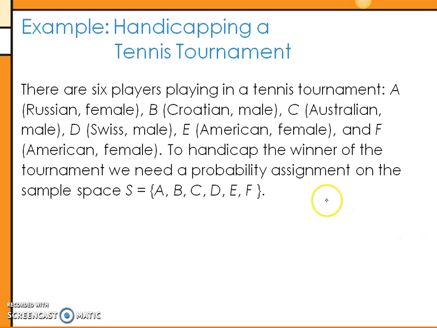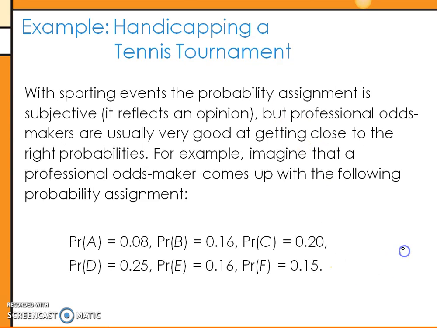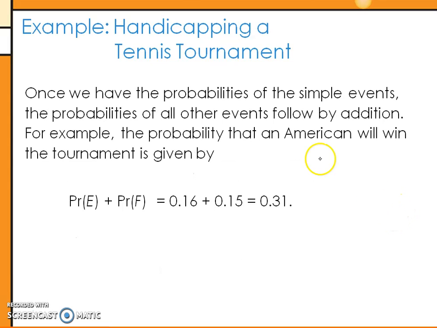Okay, here's an interesting one. They have 6 players, and they tell us some of them are from different countries, and some are male and female, and then they give us all the probabilities that they're going to win the tournament. So it looks like this guy's the favorite. He has a 25% chance of winning. It's bigger than anyone else's. Then they could go and ask us questions like, let's see, what's the probability that an American will win?